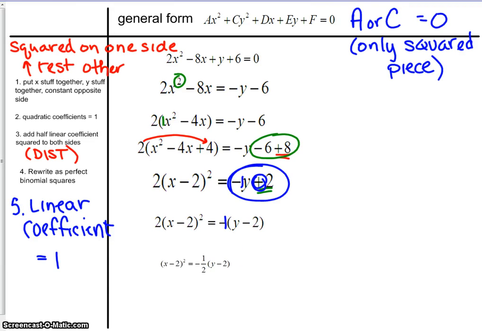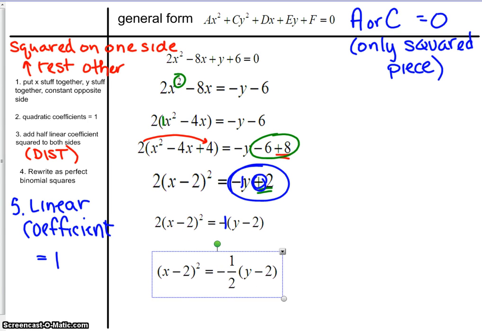And then the last thing I want to do is make sure that my perfect square, my binomial square, doesn't have a number out in front of it. I want it to be a 1. So what I did here is I divided by 2. And now when I divide by 2, I'm going to divide it into the piece that I just factored out. Now I have my standard form. Now I could go about graphing it.